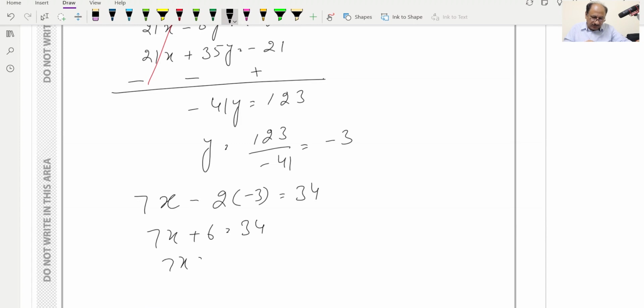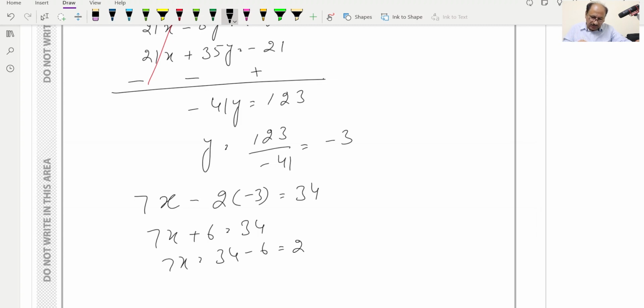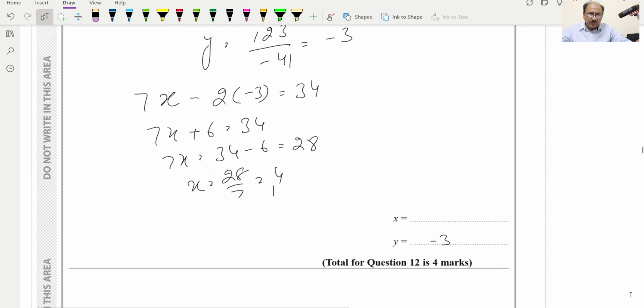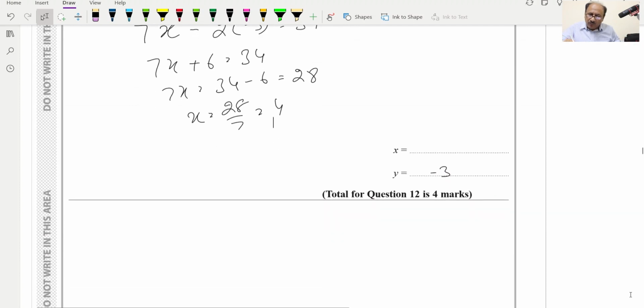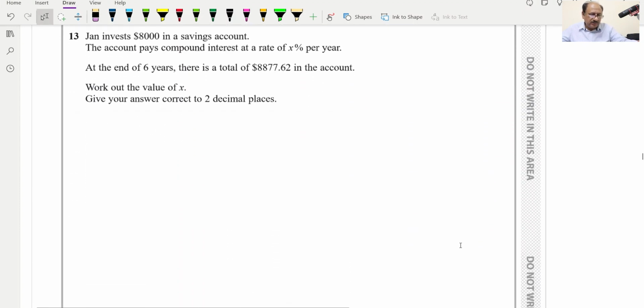So 7x is equal to 34 minus 6, which is equal to 28. So x is equal to 28 by 7, which is equal to 4. So the x value which we got is 4. We can mention over here, and this was a 4 mark question which we had done. Very easy question.